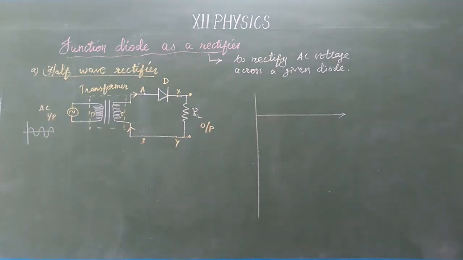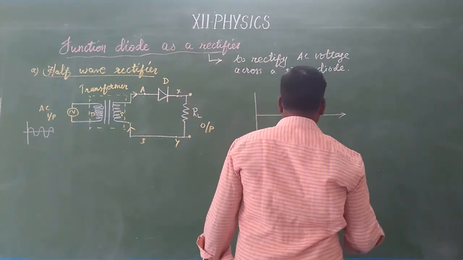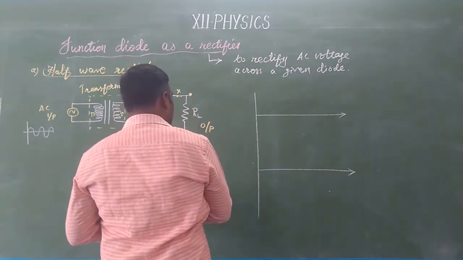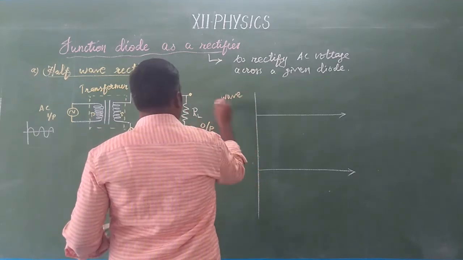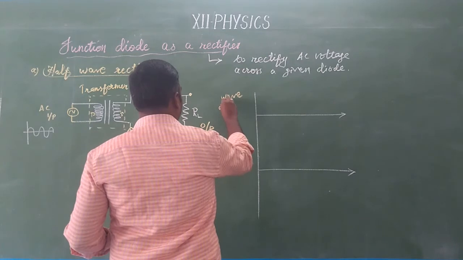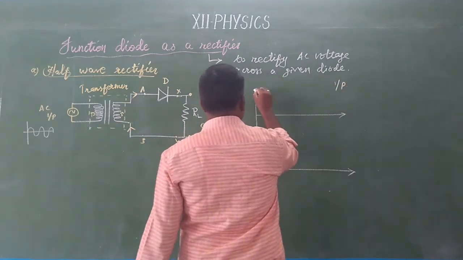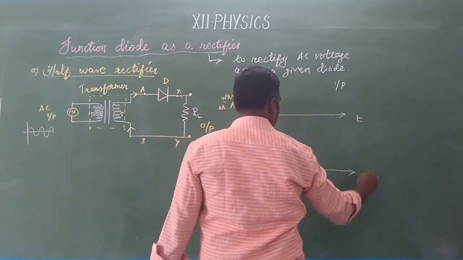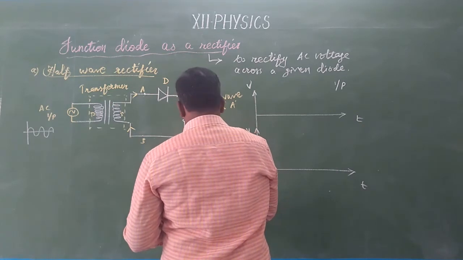So at point A, the waveform. So the wave at A, it's an input, no? So the input voltage. So this is voltage, this is time. This is also voltage and this is time. So the input voltage is given.